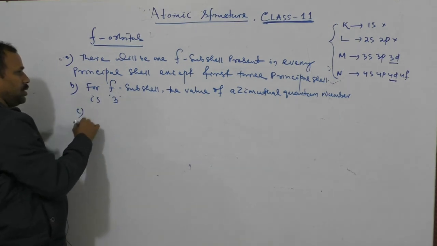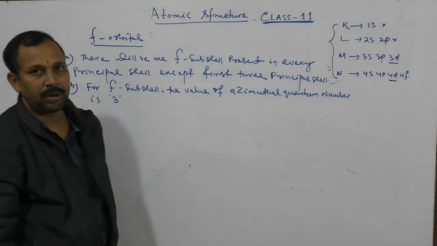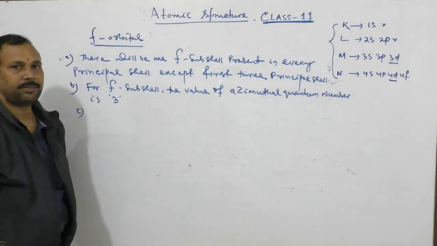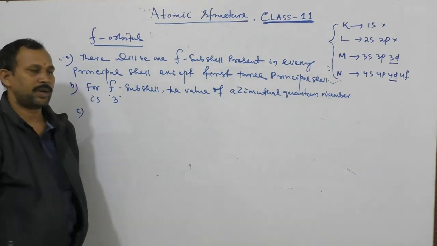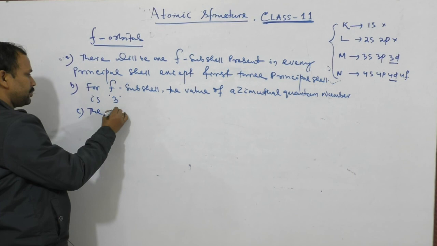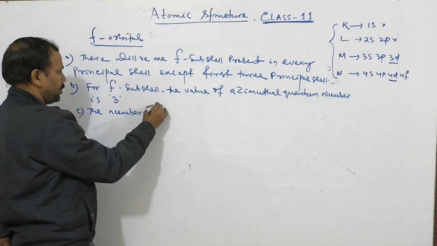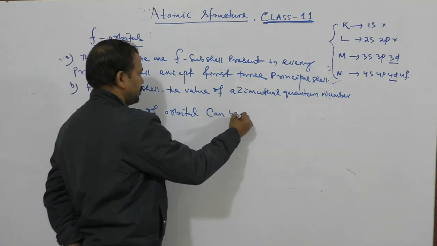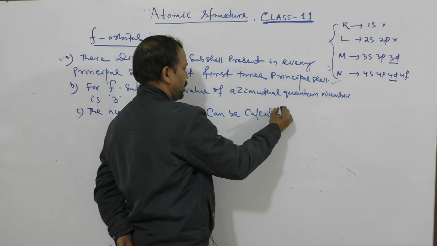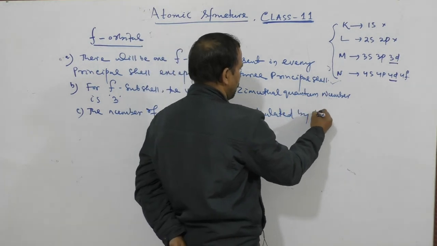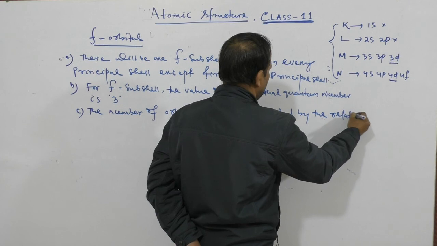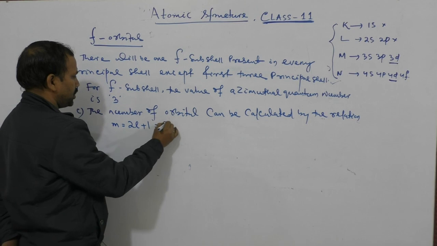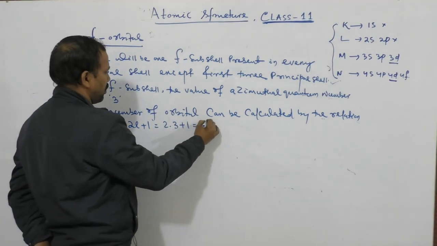Then the number of orbitals present for the f subcell can be determined by the formula m equal to 2l plus 1, that is 2 into 3 plus 1 equal to 7 values.